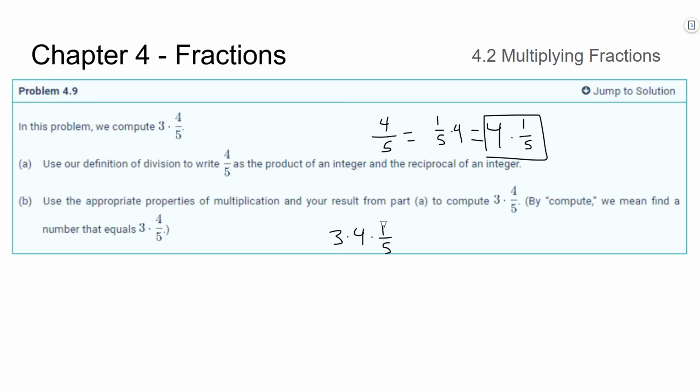You know that multiplication is commutative, so we could change the order, but I think it's easiest if we just go left to right. 3 times 4 is 12. Now we have 12 times 1/5. And what do we do when we have a number times a reciprocal? We just put that number on top. So that's going to be equal to 12 over 5, and that's going to be our answer.